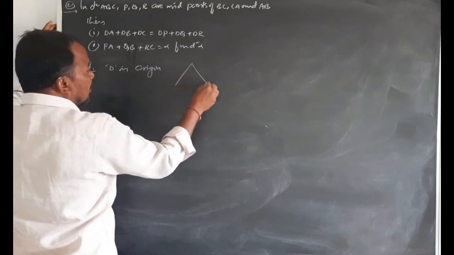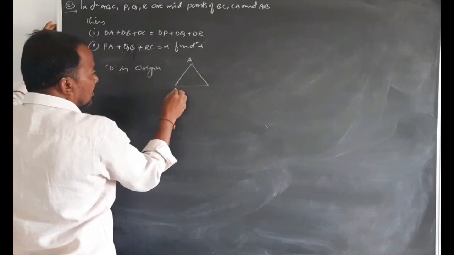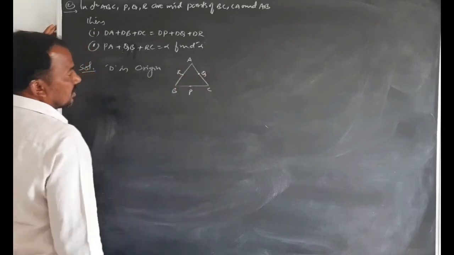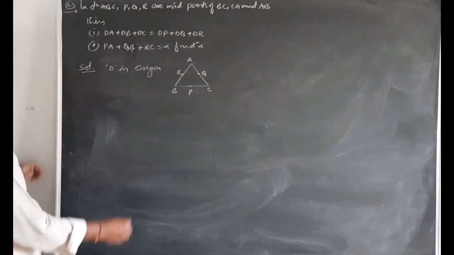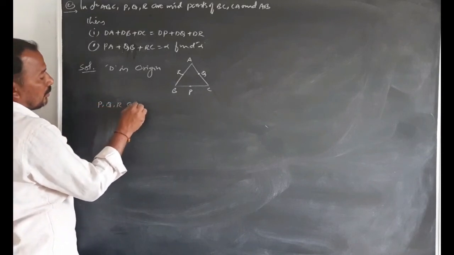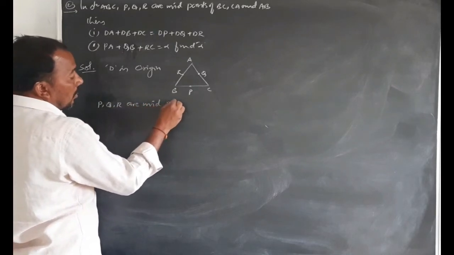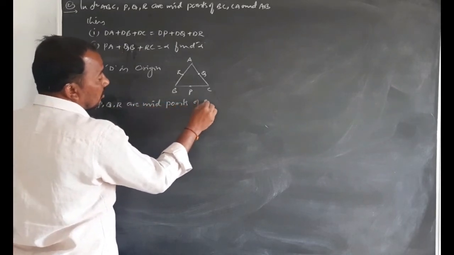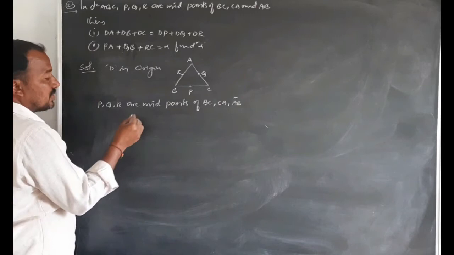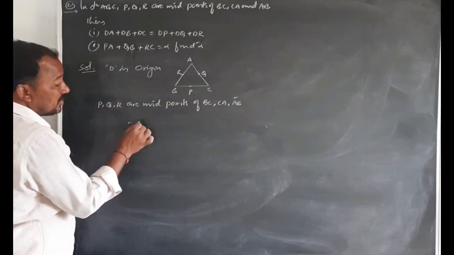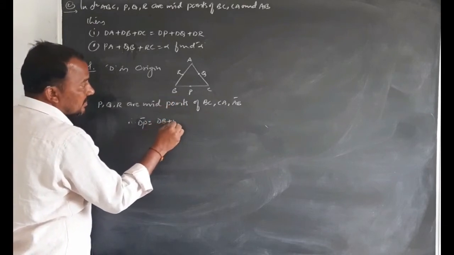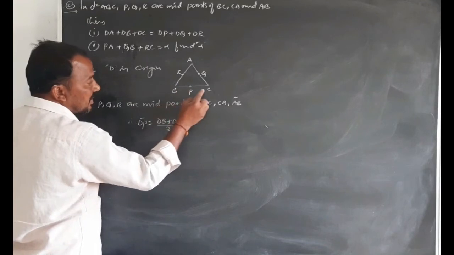In a triangle ABC, P, Q, R are midpoints of BC, CA, AB. Then the position vector of P, that means DP, equals DB plus DC by 2.